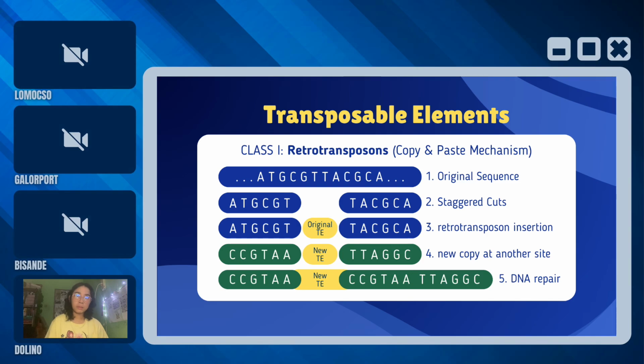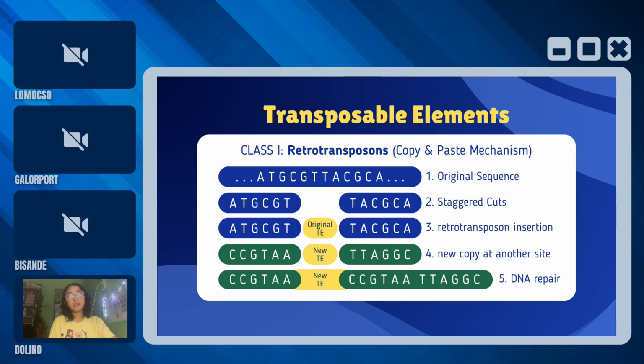How does the copying happen? This original transposon isn't directly copied as a DNA molecule. It's initially copied as an RNA molecule, just like how a gene makes messenger RNA for protein synthesis. An enzyme called reverse transcriptase takes the RNA molecule and converts it into DNA. It needs to be converted into DNA because an RNA molecule cannot directly insert into a DNA sequence, right? Because of their structural and chemical differences.